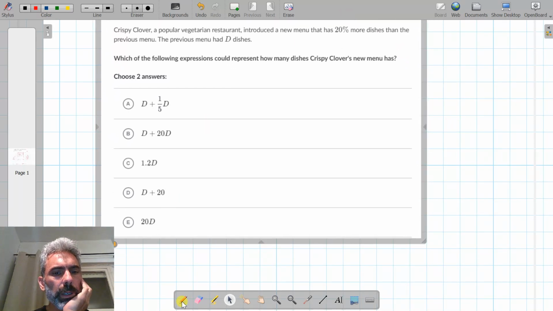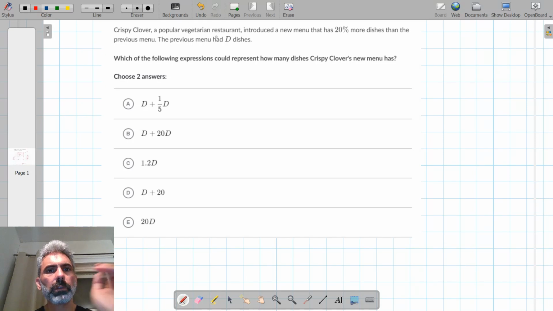Crispy Clover, a popular vegetarian restaurant, introduced a new menu that has 20% more dishes than the previous menu. The previous menu had D dishes.